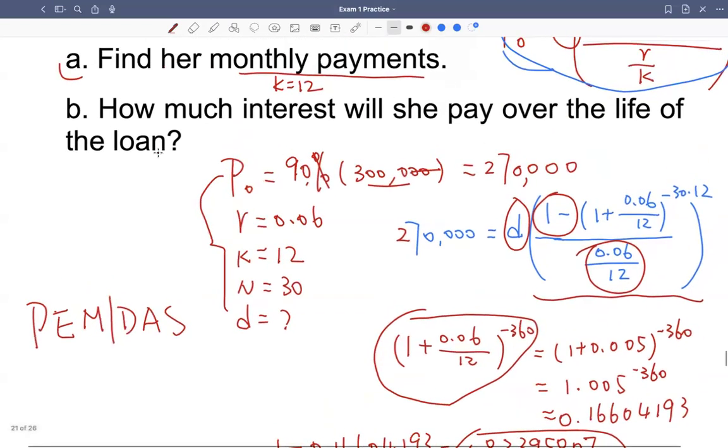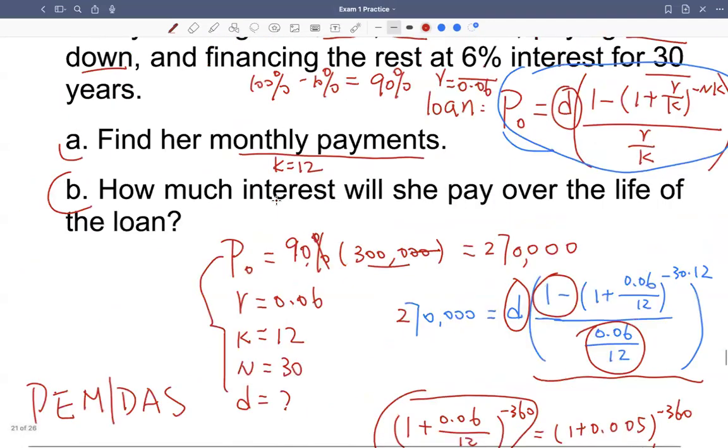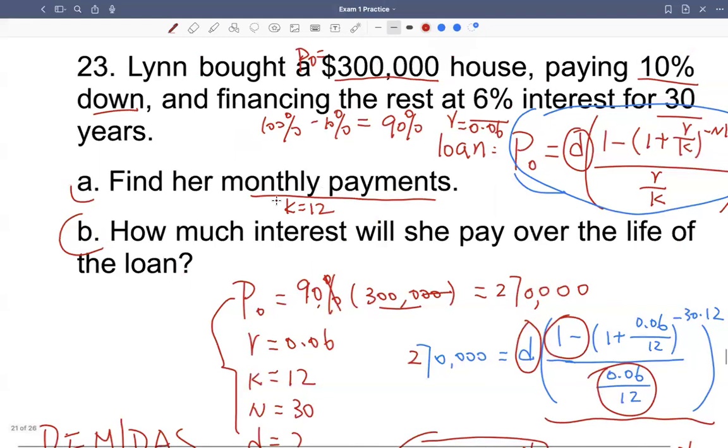So let's see question B. How much interest will she pay over the life of the loan? Okay. So interest equals the total amount she paid minus her loans. Right? Her loans, we know it's 270,000.